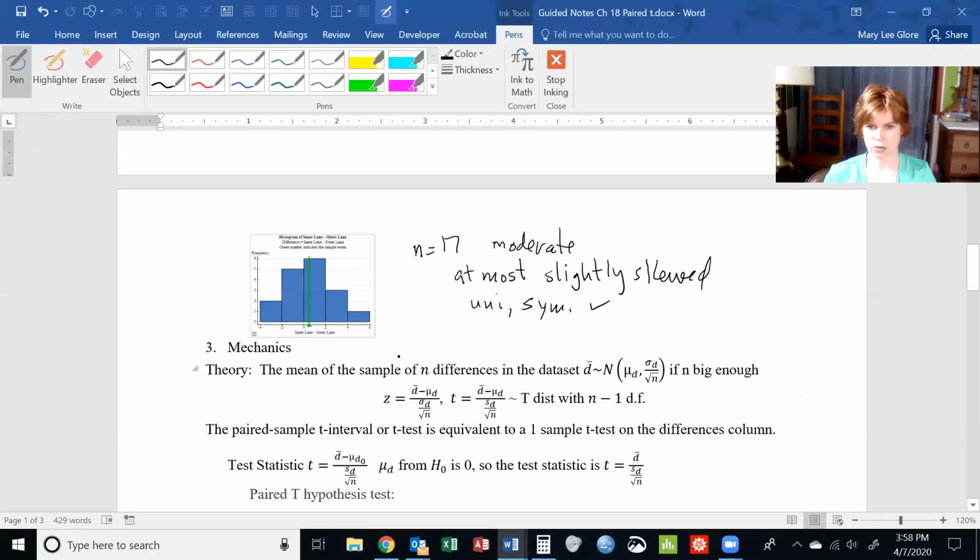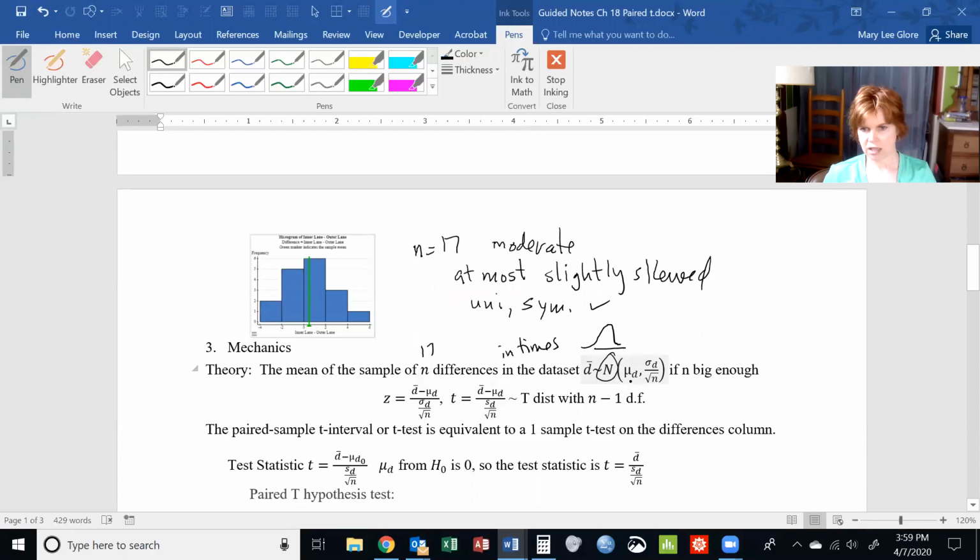What that means is those 17 differences in times, I'll put n here, those 17 differences in times are going to be normal. That's what this little n means: normal.